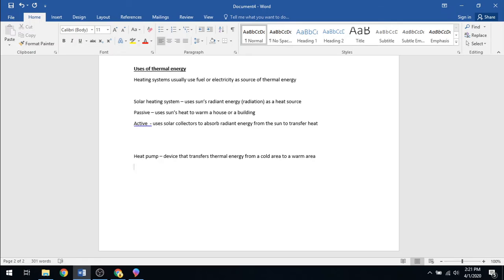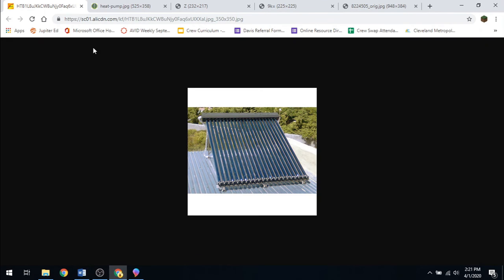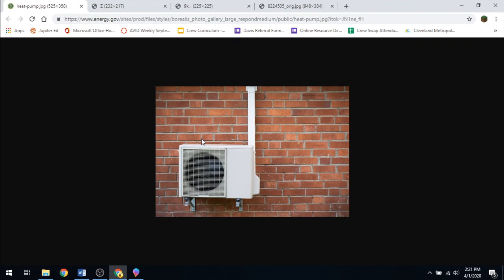Examples are in a refrigerator or an air conditioner. These have heat pumps in them that pull heat out of an area and push it out somewhere else.